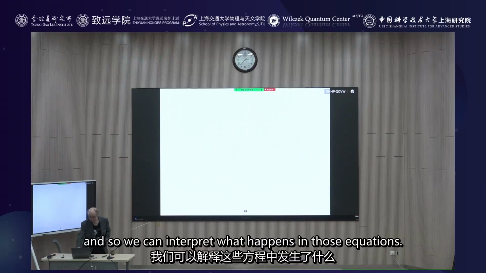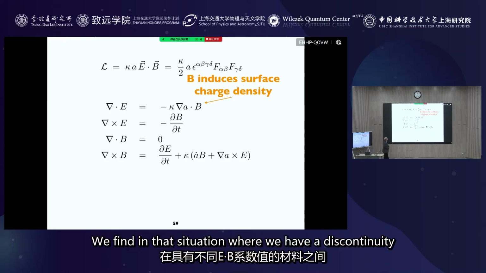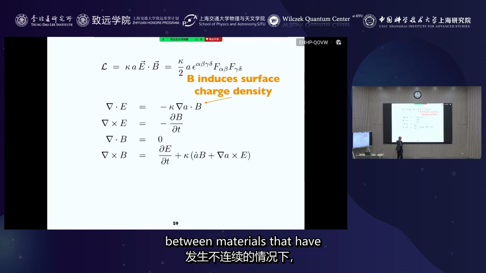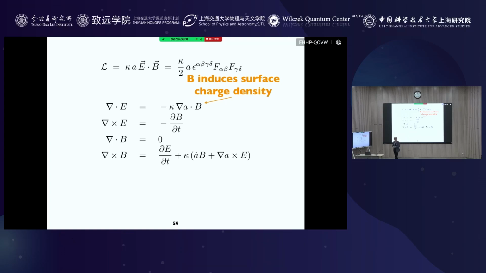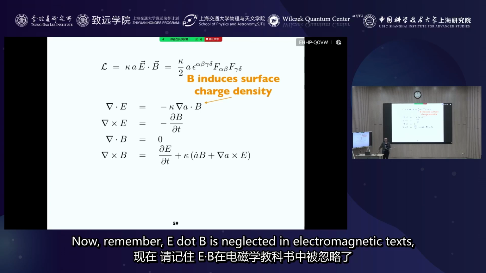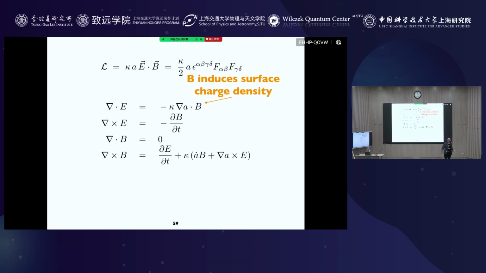And so we can interpret what happens in those equations. We find in that situation, where we have a discontinuity between materials that have different values of the coefficient of E dot B, we get surface effects. Now remember, E dot B is neglected in electromagnetic texts because it doesn't contribute to the bulk equations of motion.